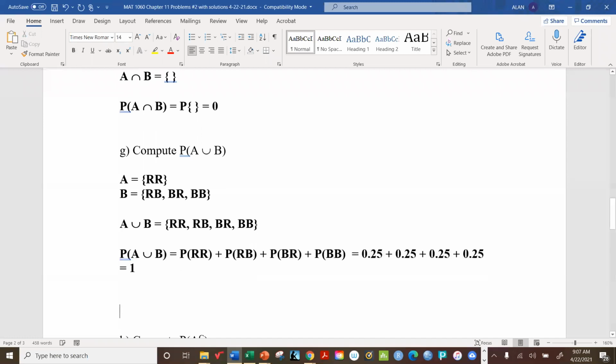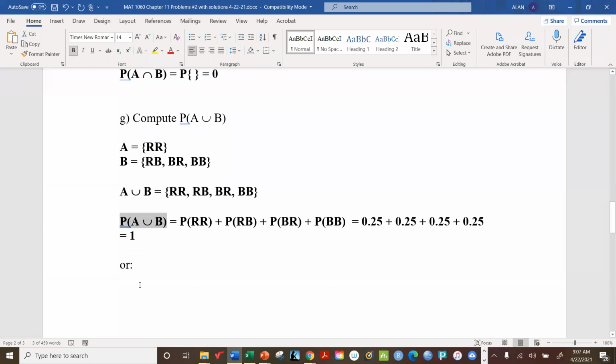Or, again, because they're all equally likely to occur, you can use this approach. You can count out how many elements are in this union, which is 4, and then divide by the number in the sample space, 4 out of 4, which is 1.